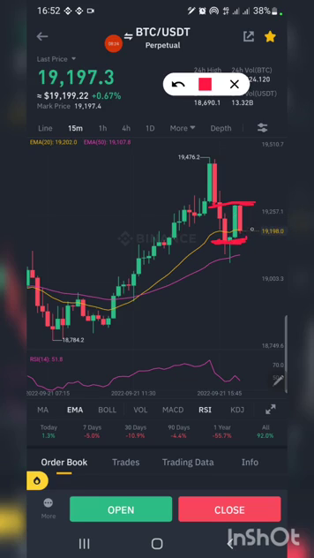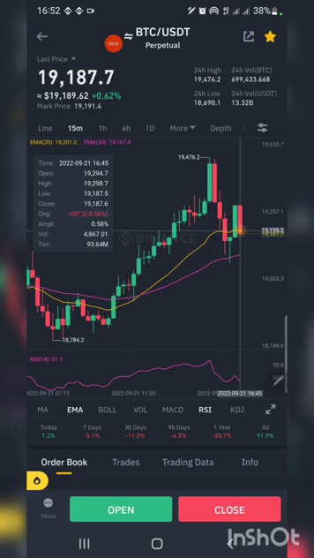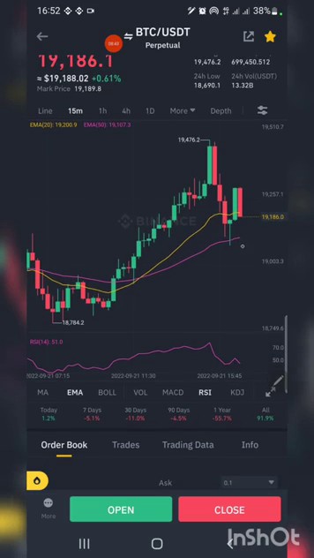So chances are that by the time this 15 minutes candle closes by 5 o'clock, the next candle that is going to print is either going to break the resistance down or start forming another uptrend green candle.